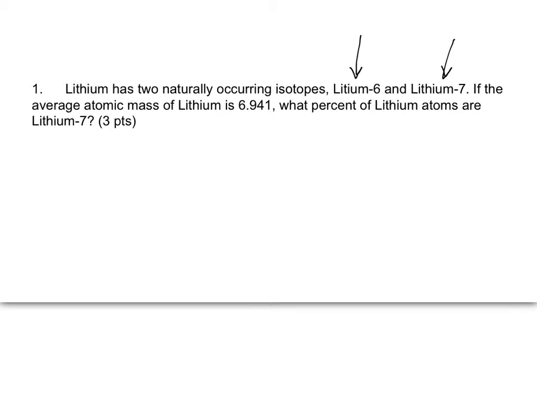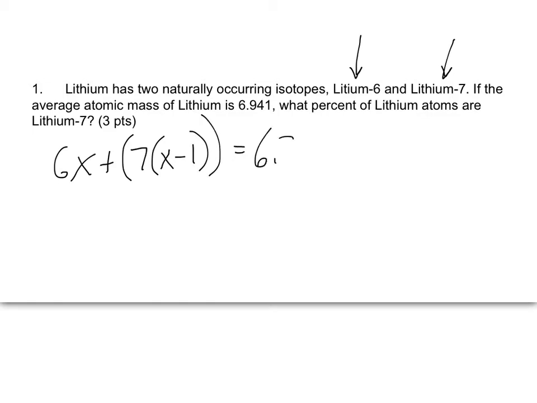And we know that if we multiply the mass of the first one times its percentage, and then add that to the mass of the second one times its percentage, then all of that comes out to 6.941. Right? The mass of the first isotope times its percentage, we're going to call that X. That's the percent abundance.